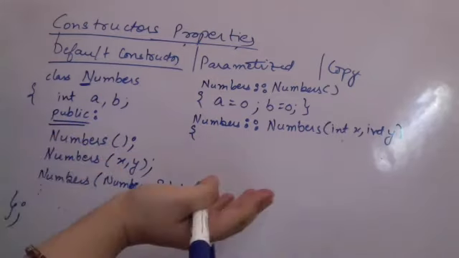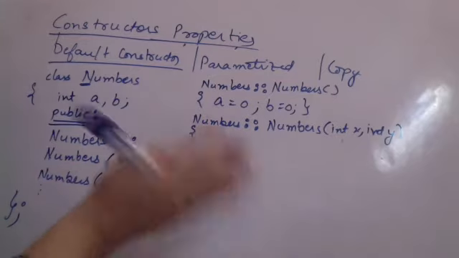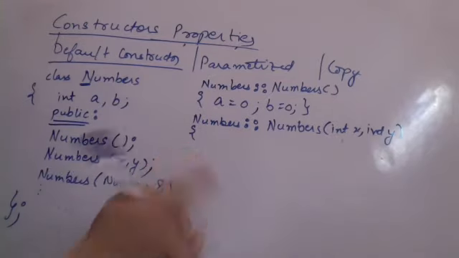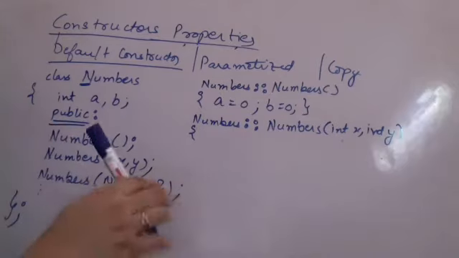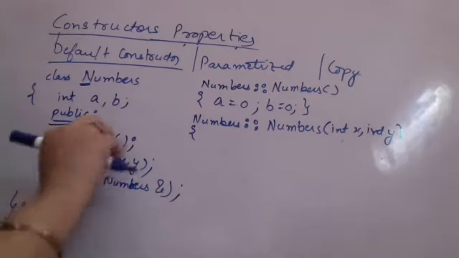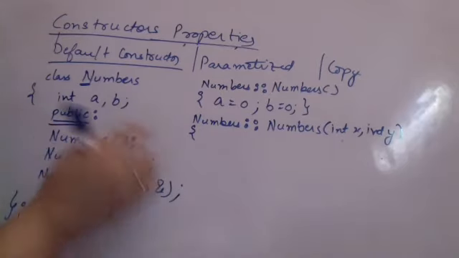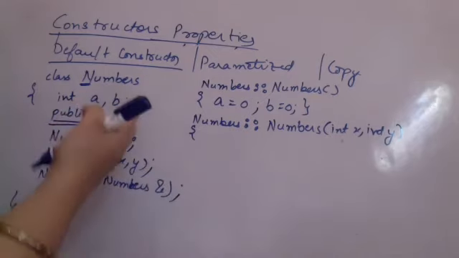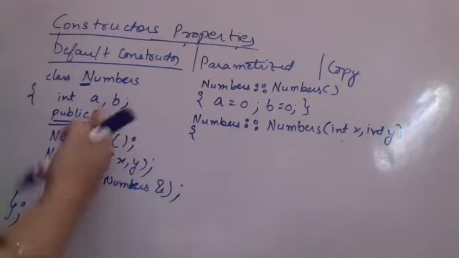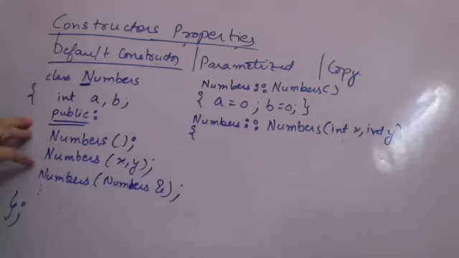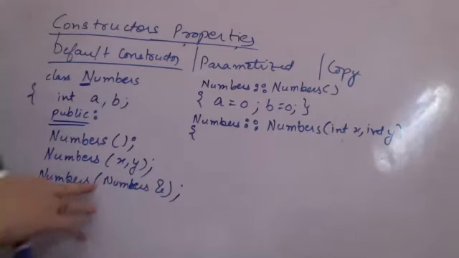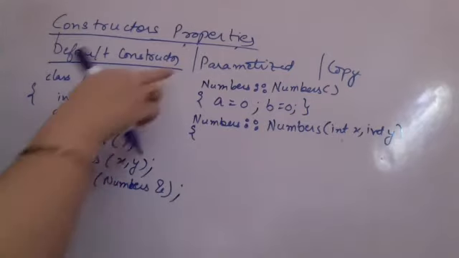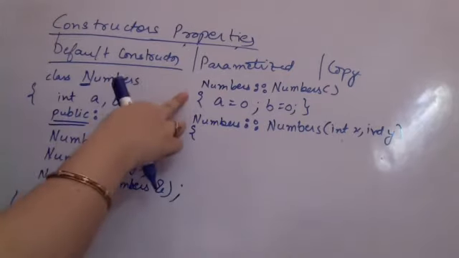We could have no constructor, then the compiler creates its own default constructor. And if you are mentioning one, you might give only this constructor, it is up to you. I am giving you the types, I'm explaining. These are all given in the same class also. So this is constructor overloading also, and this is a default constructor.